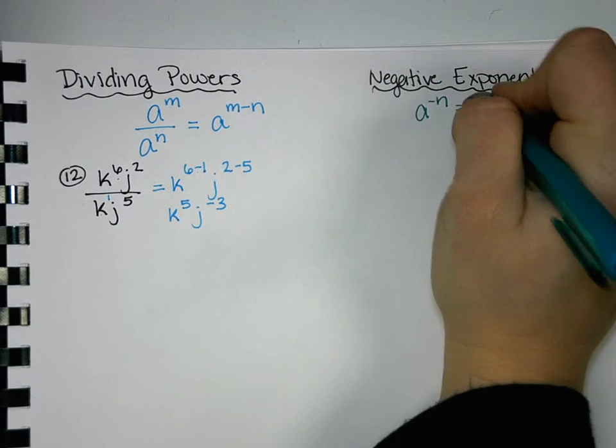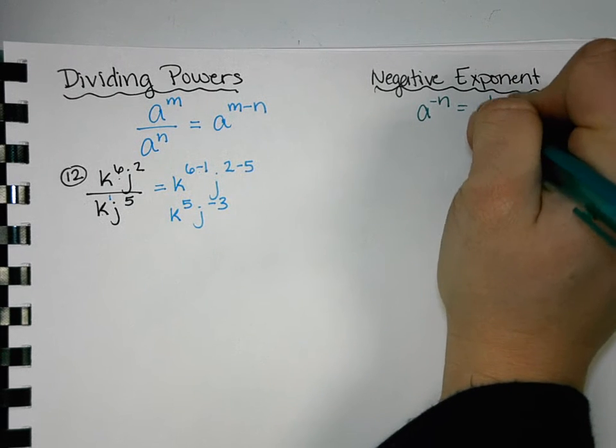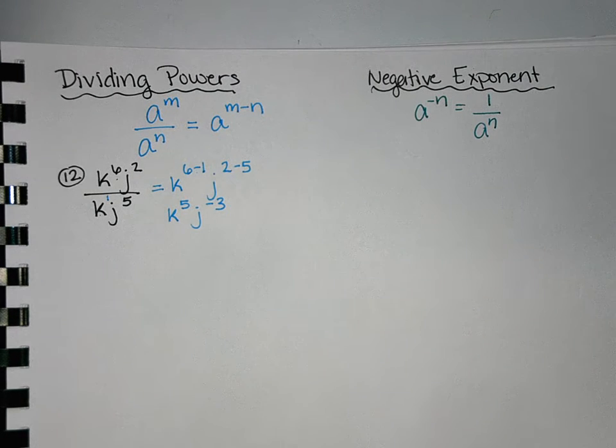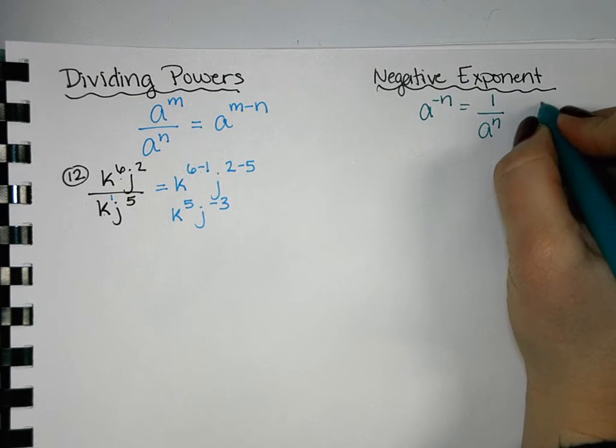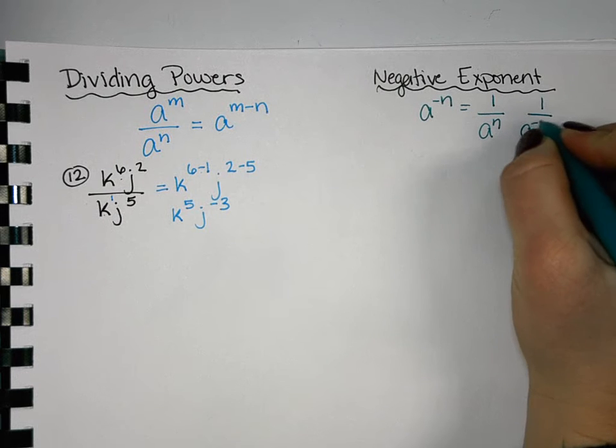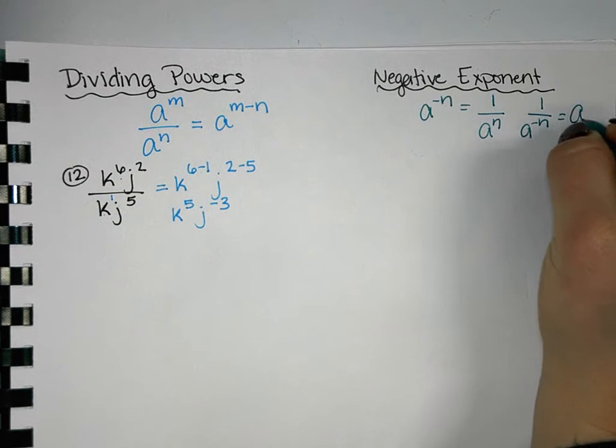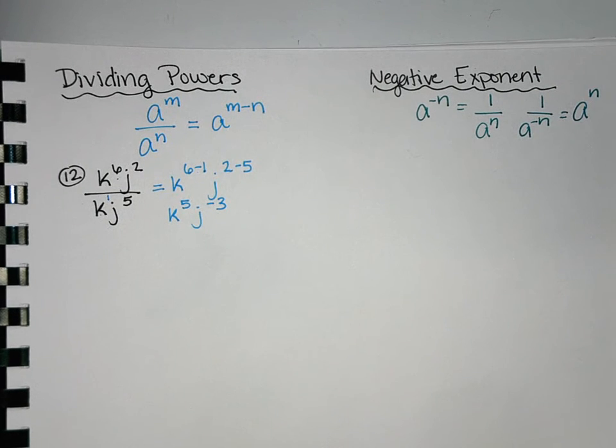We make it 1 over a to the positive. And so if it was in the denominator, so let's say it was 1 over a to the negative n, we'd move it to the top to make it positive. So you just move the negative exponent to the other side of your fraction and it'll turn that exponent positive.